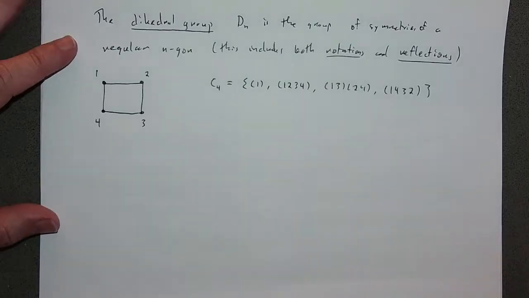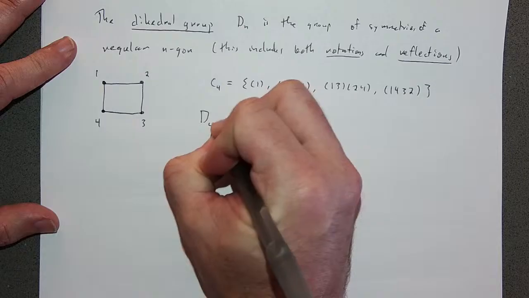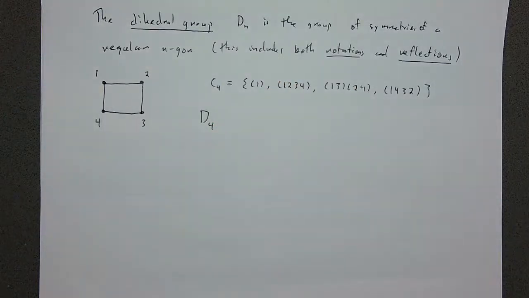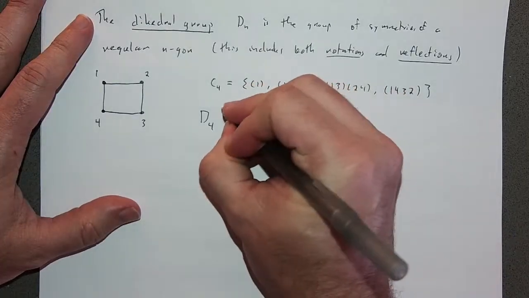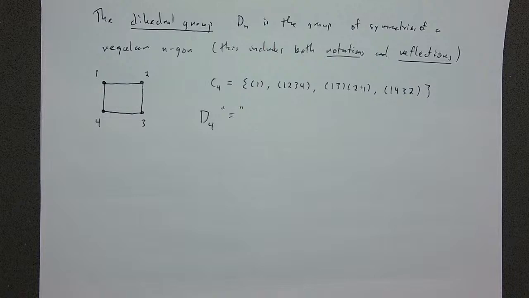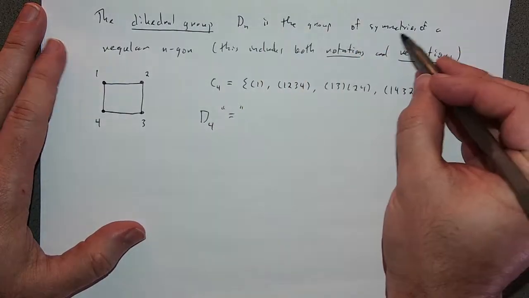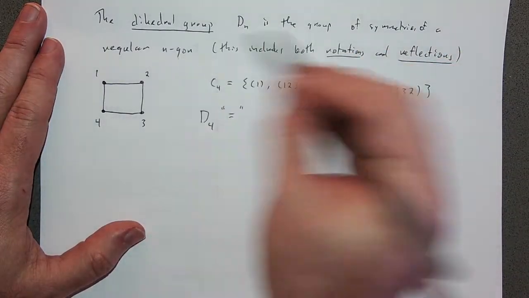So then, what is this dihedral group, D sub 4? What is that? Well, when I say equals here, this is like the flimsiest hand-waving notation that I'm using. This is the group of symmetries of a regular n-gon, so it's the group of symmetries of the regular four-gon here.